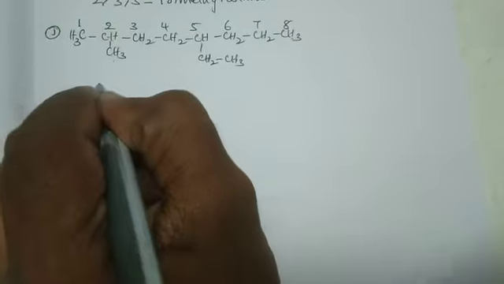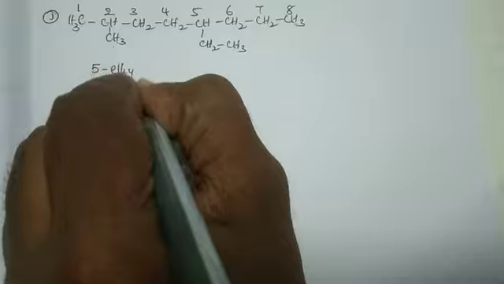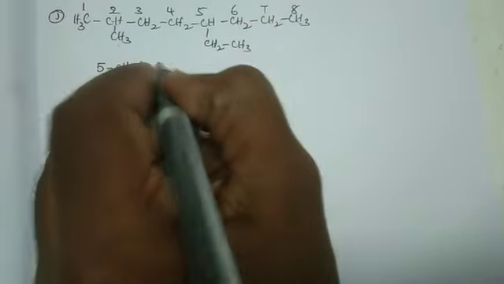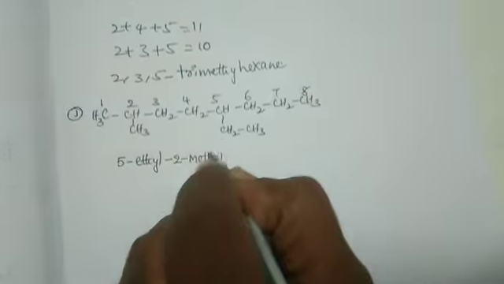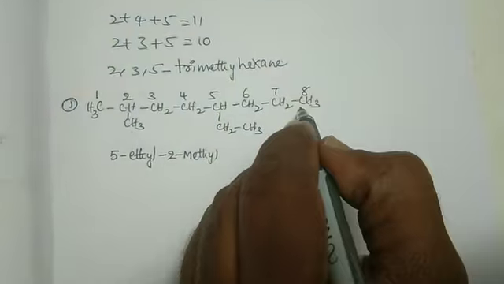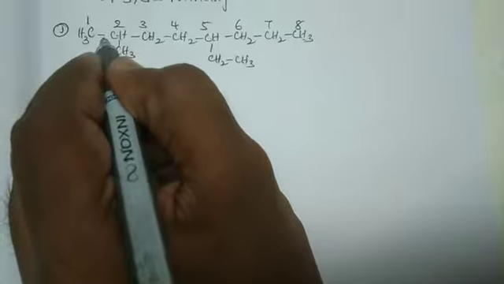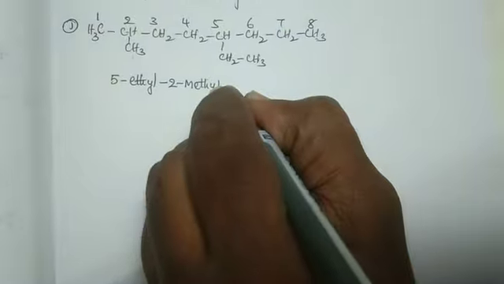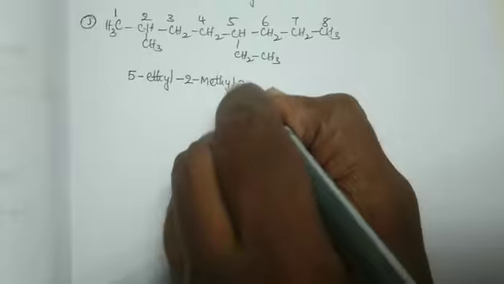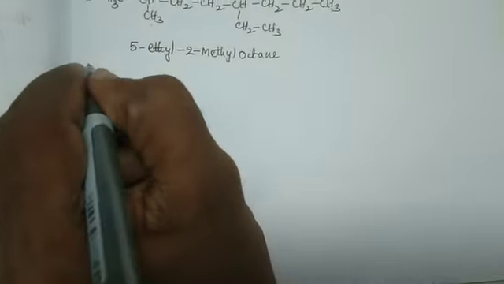So first you have to write 5-ethyl, 2-methyl. There are 8 carbons in the parent chain, as well as only single bonds, so it is called octane, 2-methyl octane. In that way you have to do the practice.